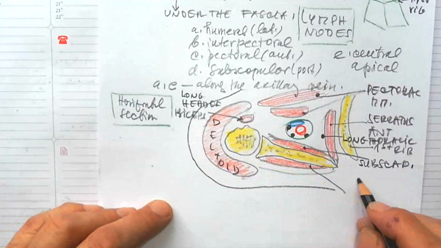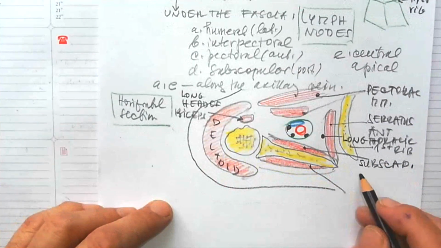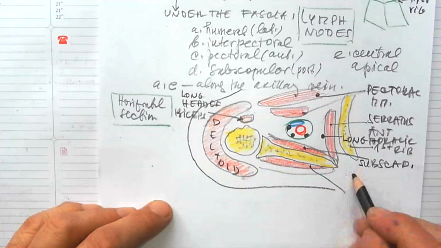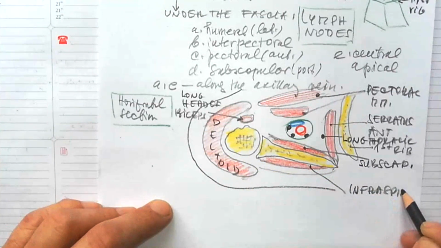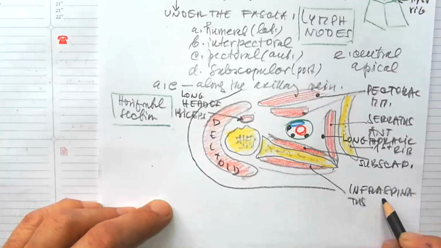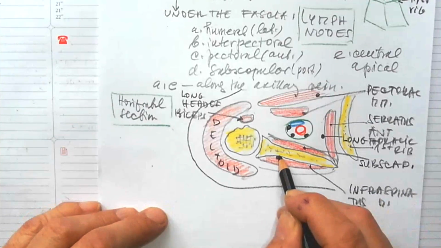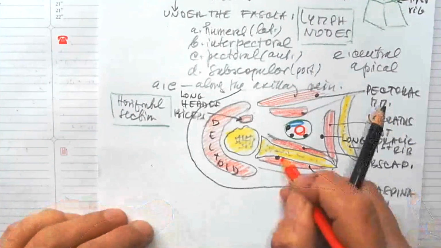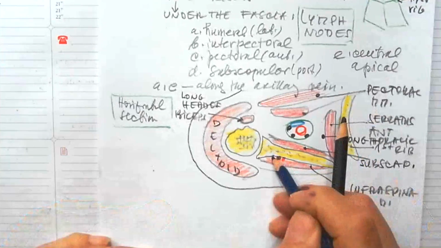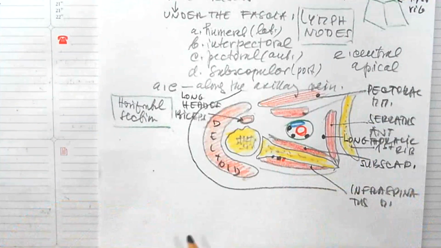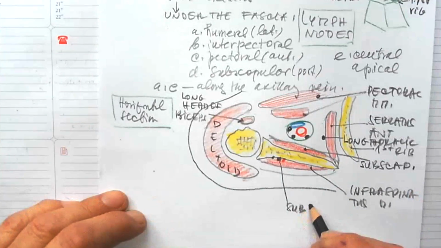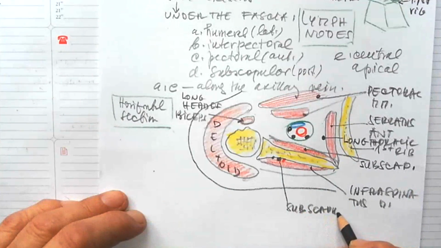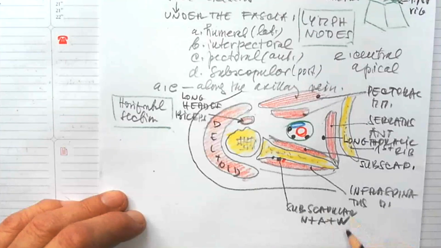That one is the supra. We are in lower positions. Infraspinatus muscle. That's it. Plus the neurovascular bundle, which is situated here: artery, vein, nerve, or 2 veins, and these are subscapular nerve plus artery plus vein or veins.